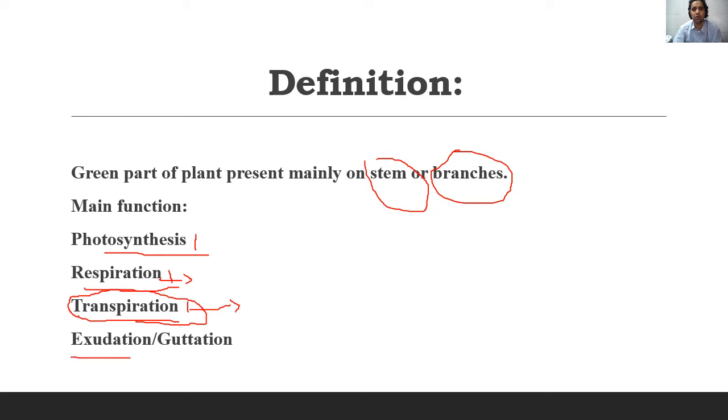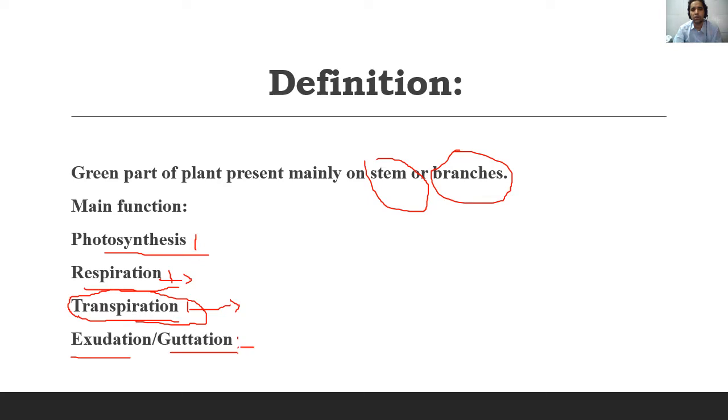And this one, exudation or guttation. This is a special case at night time when the stomata are closed and some pores open in the leaves, especially in the grasses, which are called hydathodes. Due to root pressure, the water comes from root to stem and ultimately reaches the leaves.